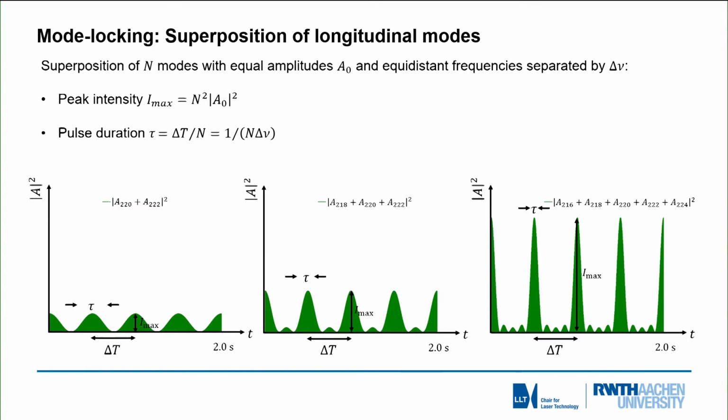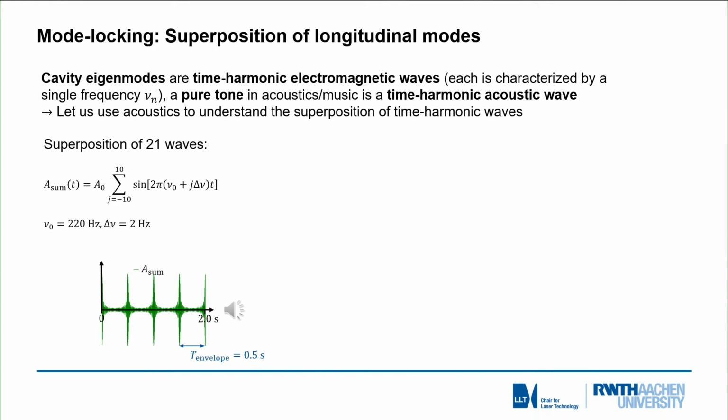Now, if we keep on scaling, we have here an example where we superimpose 21 waves. So you see in the graph down here already that the sub-minima get smaller and smaller. The peak scales, as I said, with the square. This is again the field, so it scales linearly with the field, but the intensity scales with the square of the number of modes.